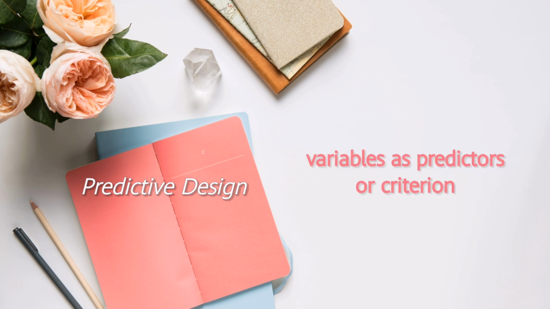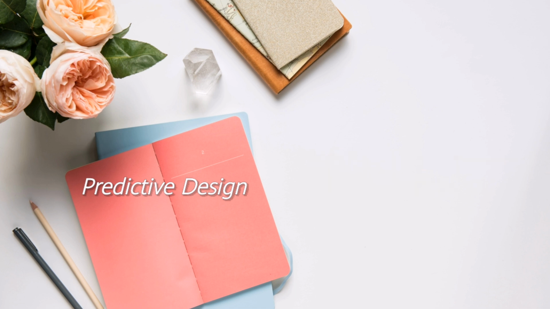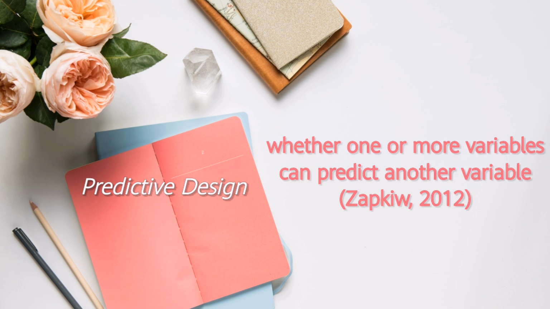The variables in a prediction study are referred to as the predictor and criterion, and the researcher is concerned with whether one or more variables can predict another variable, according to Zapkio 2012.